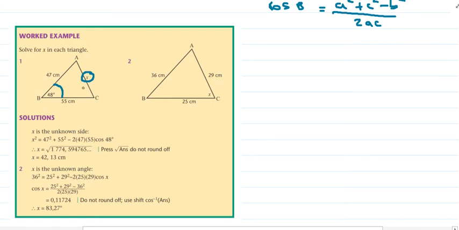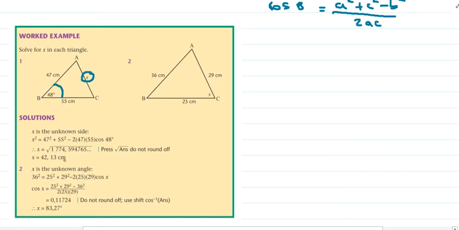So if we name the sides, we've got x there, and we've got 47 and 55. x is our unknown, opposite angle B, so we have x squared is equal to 47 squared plus 55 squared minus 2 times 47 times 55 cos 48 degrees, which is a direct application of given two sides and the included angle, and we want to find the third side.